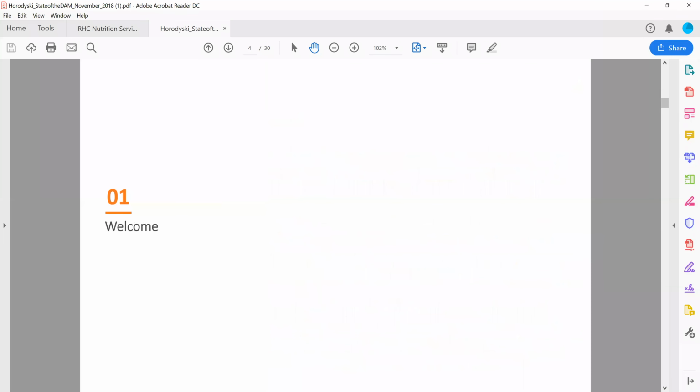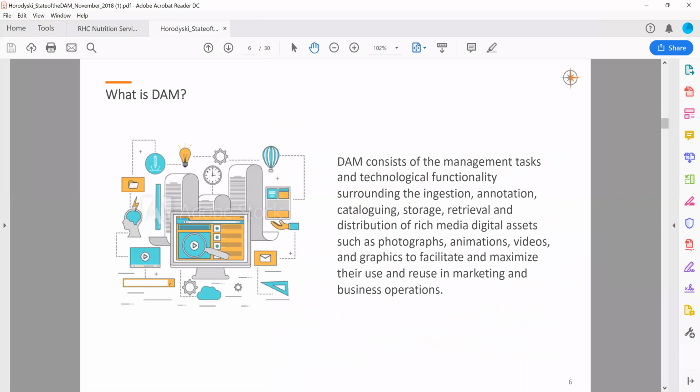I'm now gonna begin the formal presentation with, so what is DAM? What is digital asset management? Well, DAM does consist of the management tasks and technological functionality surrounding all the good things around the ingestion, annotation, cataloging, storage, retrieval, and distribution of rich media assets.